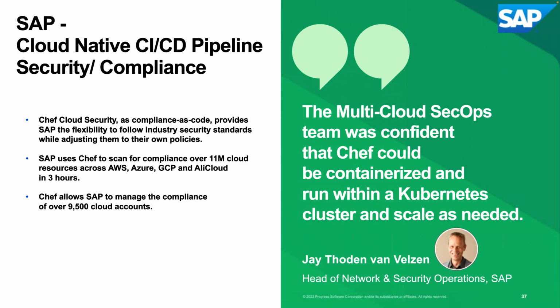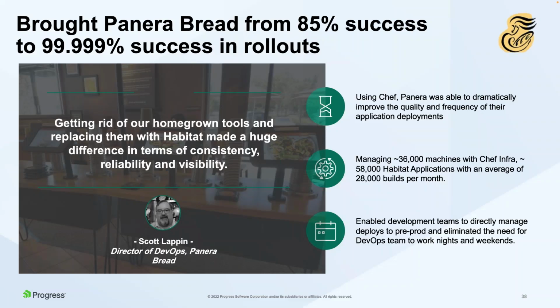With over 9,500 cloud accounts and over 30 million cloud resources deployed across AWS, Azure, GCP, and Ali Cloud, SAP had doubled its use of public cloud each year for the past 3 years. SAP uses Chef compliance to scan over 11 million cloud resources across multiple cloud providers like AWS, Azure, and GCP. All this in under 3 hours.